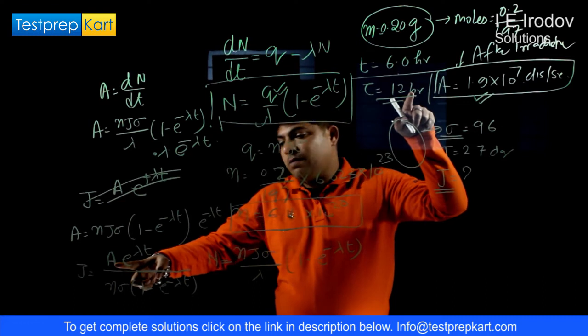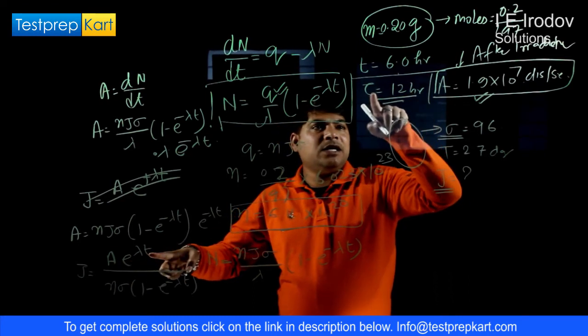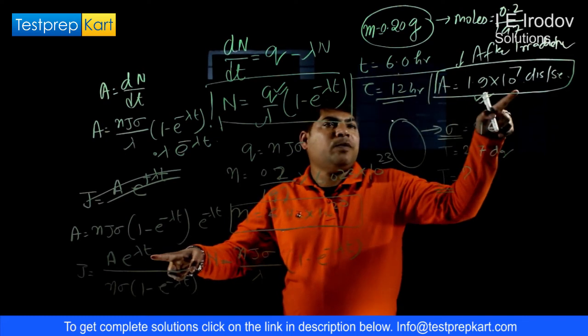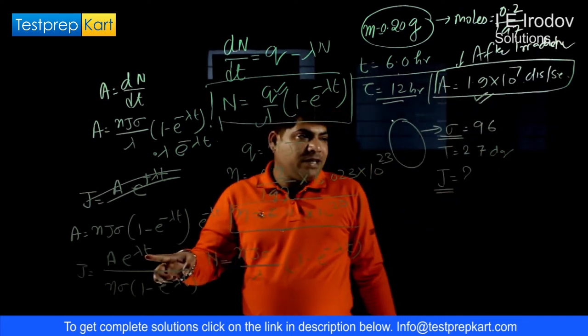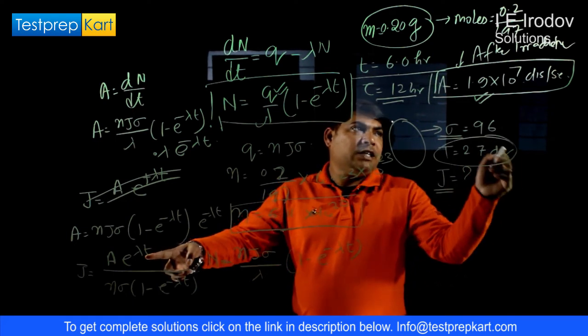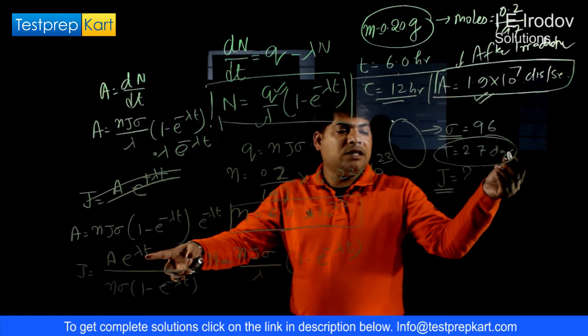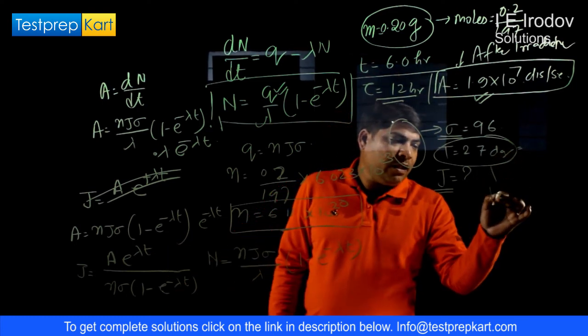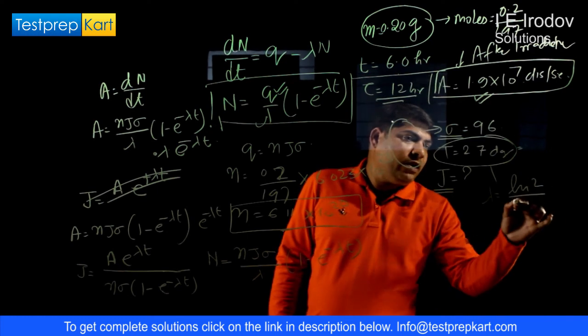Now the activity in disintegrations per second is given when tau equals 12 hours, so we replace tau by 12 hours and A by 1.9 × 10^7. The half-life is 2.7 days, which we convert into hours, and we calculate lambda. Lambda is ln 2 upon t half.